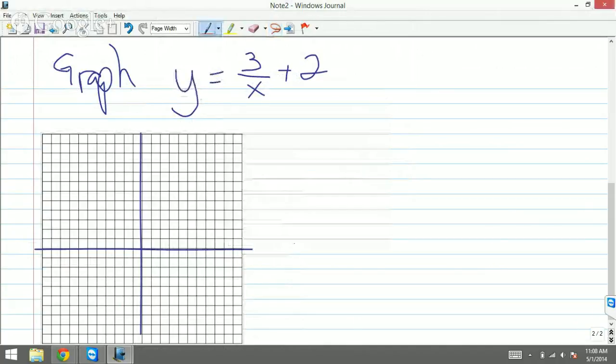Okay. Now I'm waiting. Okay. This is a horizontal asymptote.